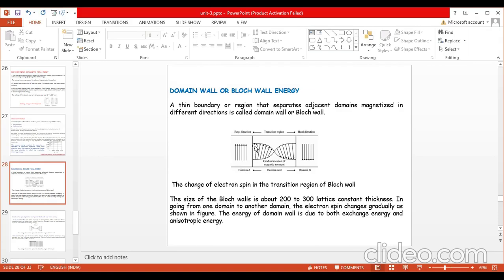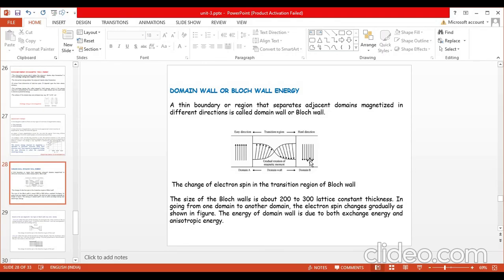Initially it was 90 degree, then 80 degree, 70 degree, 60 degree, 45 degree, then minus 45, then minus 60, minus 80, then minus 90. So when you see the hard direction, all the domains are aligned in a perpendicular direction but towards the negative axis. So this change of electron spin is the transition of the block wall.